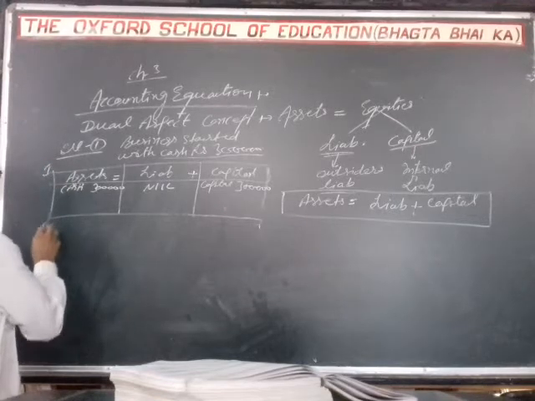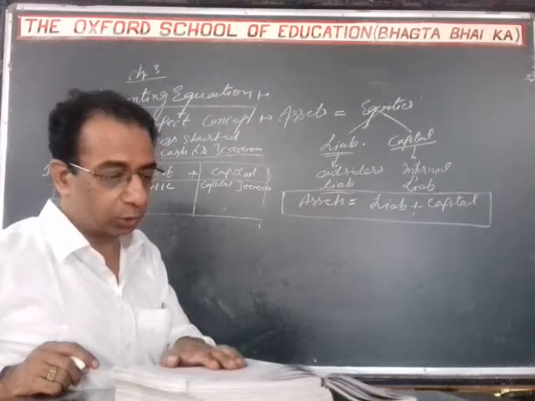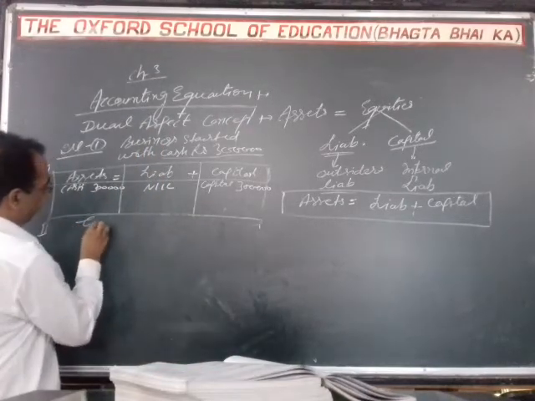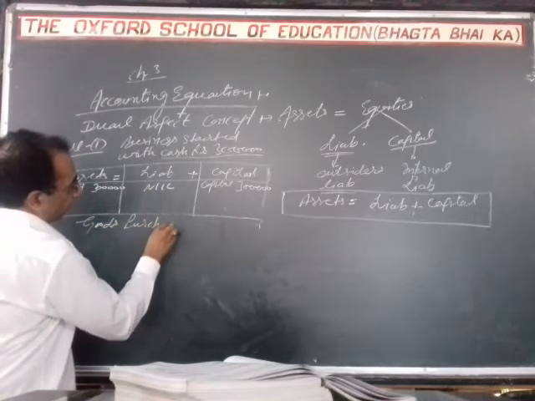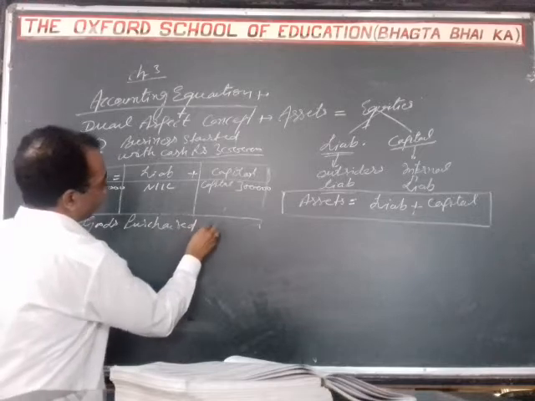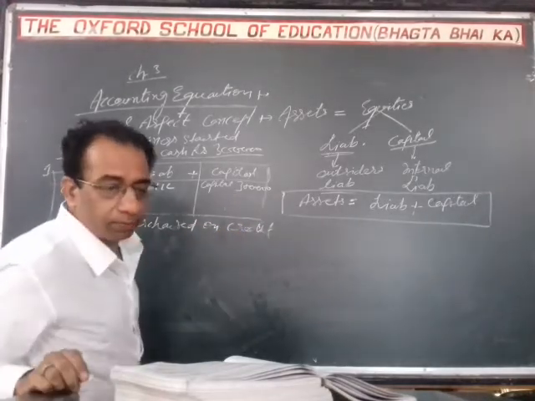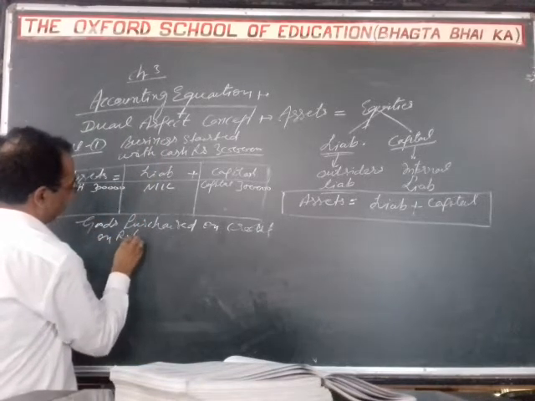First transaction. Then we have to write down the second statement. Second statement is goods purchased on credit, goods purchased on credit of rupees 60,000.